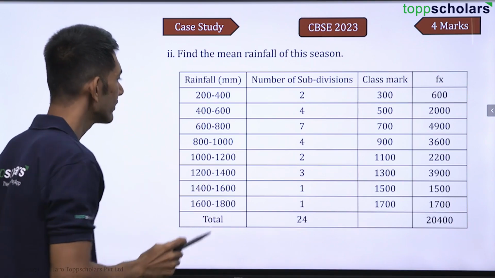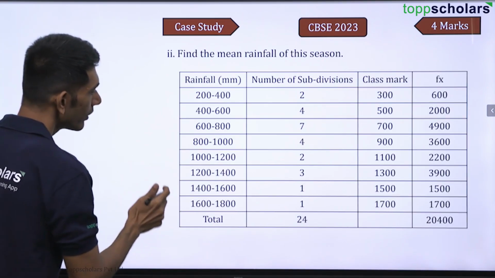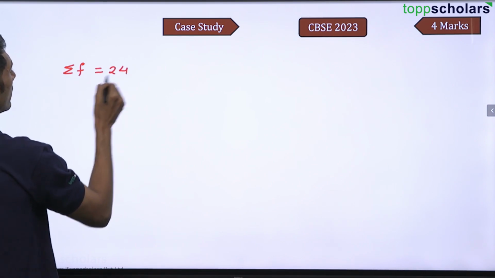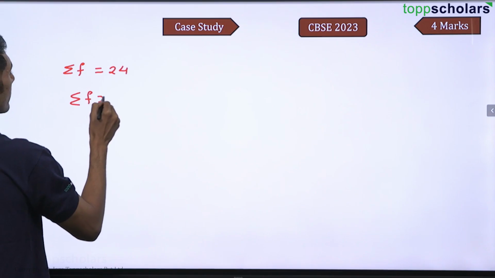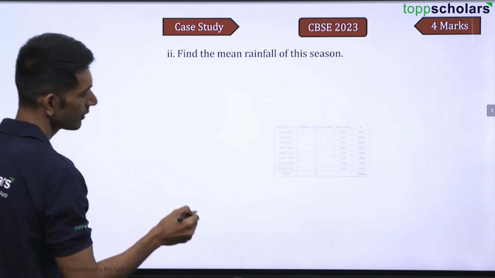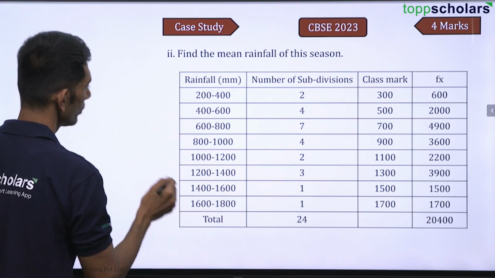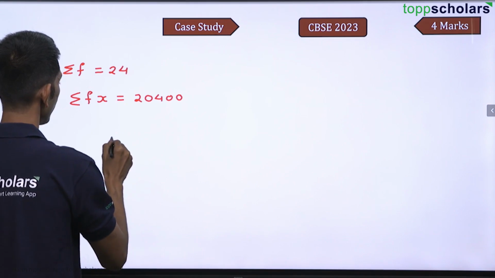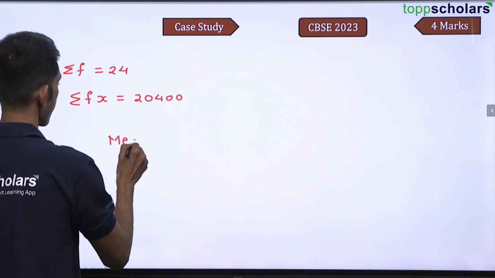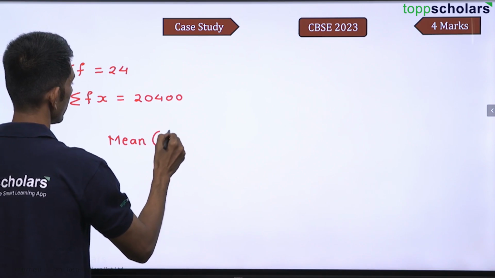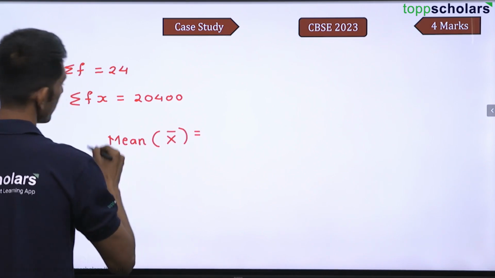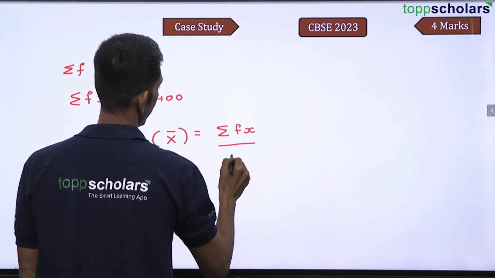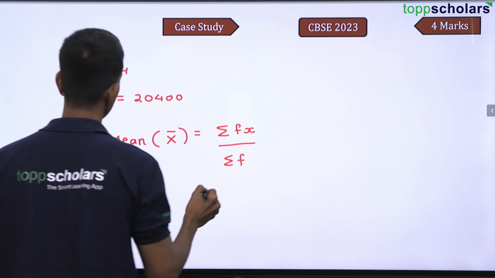What all values do we have? We have the value of summation f, that is 24, and summation fx, that is how much? 20400. Now we need to find out the mean. So the mean x bar is given by summation fx by summation f, correct?